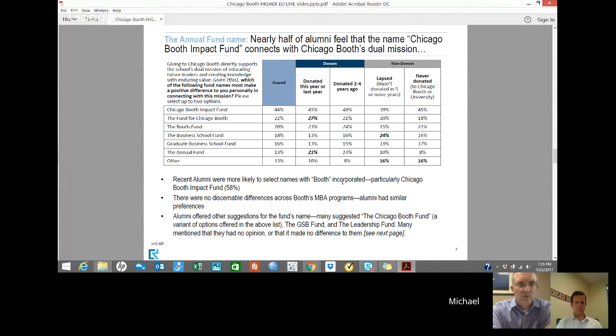It was double that of the second highest. We also found that any use of the word impact also seemed to have a positive effect, whether it's Chicago Booth Impact Fund, or in the open-ended responses where we let people write in potential names, a lot of people suggested the word impact be included as well. So that was an interesting finding.